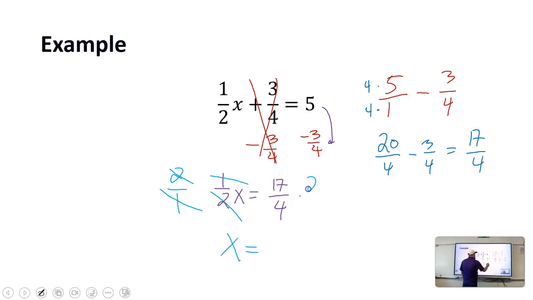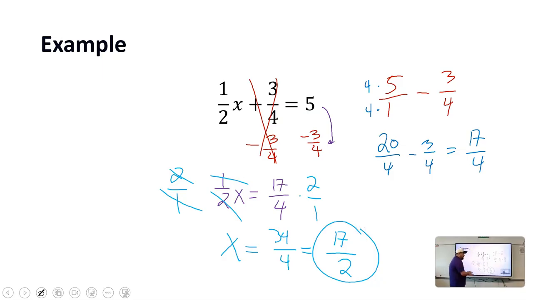Over here, times this by 2 over 1, and I end up getting 34 over 4. And I notice that that can be simplified. 34 and 4 both have a 2 that can go into it. So we end up with a 2 on the bottom and a 17 on the top, and my answer would be 17/2. Okay?